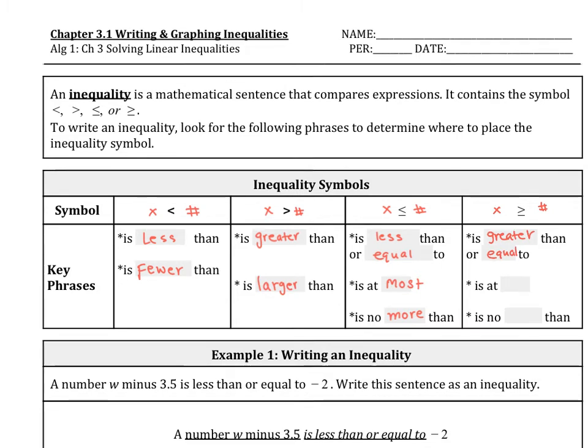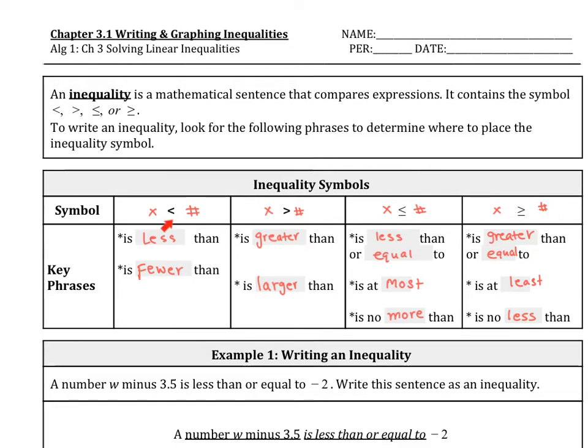It is also called at least, or no less than. So x is at least this number and more, or x is no less than this number. We're going to use these symbols in our examples.